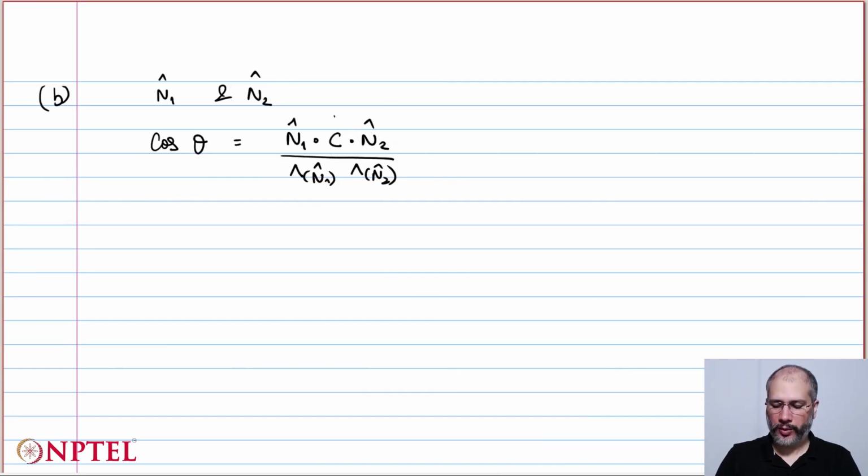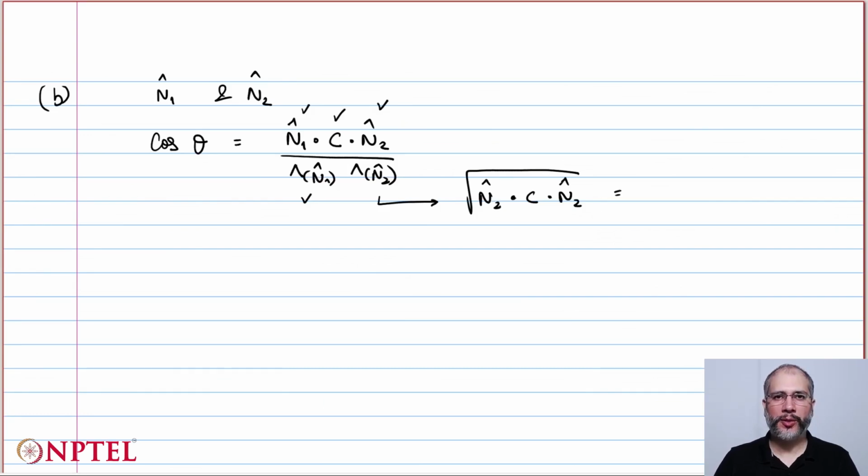Given that we know C and n1 and n2 are also known, we just found out lambda n1, and lambda n2 can be found out as the square root of n2 dot C dot n2. And since n2 is simply e2, this comes out to be square root of C22.